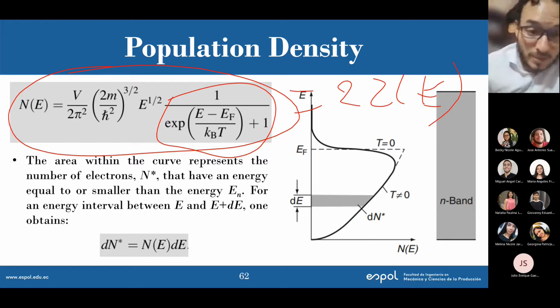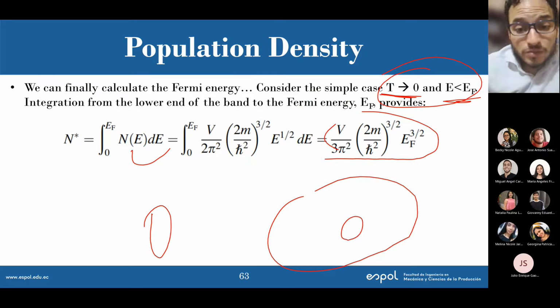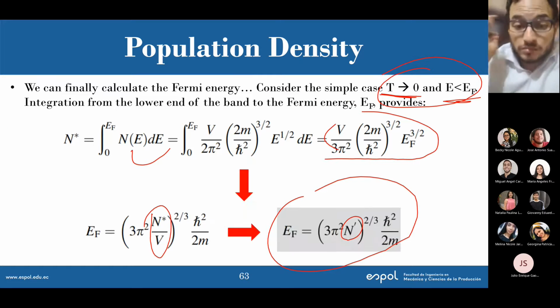But the number of electrons is never going to change. It's not that I increase temperature and have more electrons. That doesn't happen. So because the number of electrons doesn't change, this equation has applicability, and it's quite a good equation that allows me to find the Fermi energy of different materials.